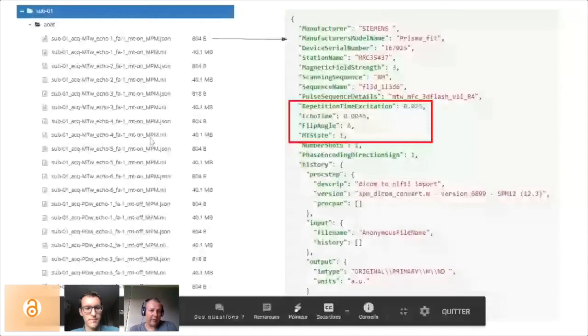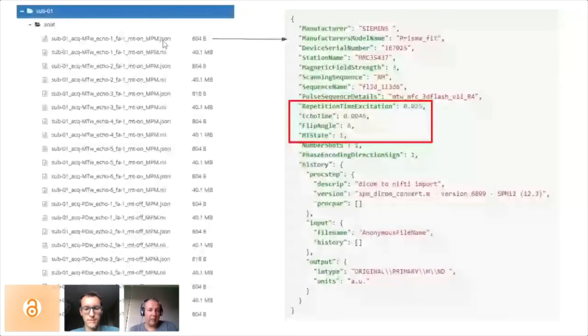And this is the grouping suffix to say this is an MPM protocol. Importantly, the JSON file has also been trimmed down and is now in line with what you expect from BIDS in terms of manufacturers and housekeeping of where the data come from. But also you have the key acquisition parameters in terms of repetition time, excitation, echo time, flip angle, and so on. So here I only have one value for one echo, but if you go to the next echo, that number would be slightly bigger, and so on from one image to the next.